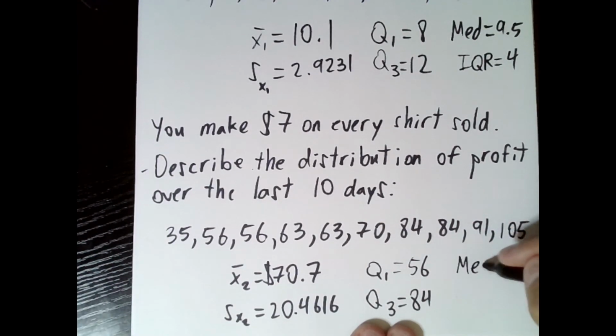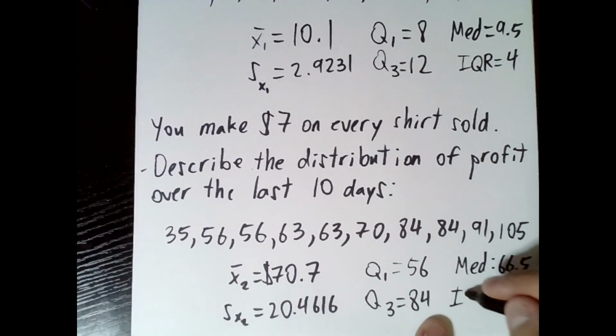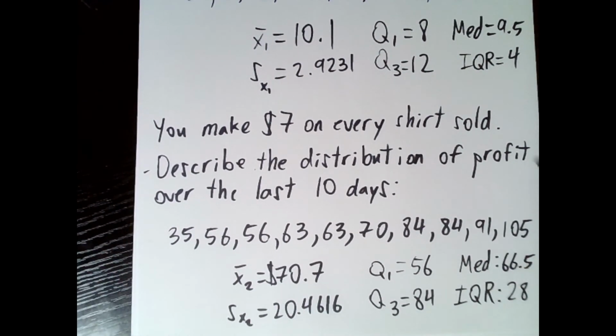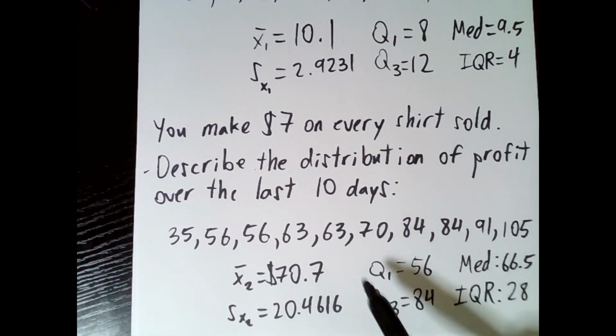Our median is now 66.5, and our IQR, as you should be able to see, is 28. You can see all of these changes from these 6 descriptive statistics to these 6 over here.